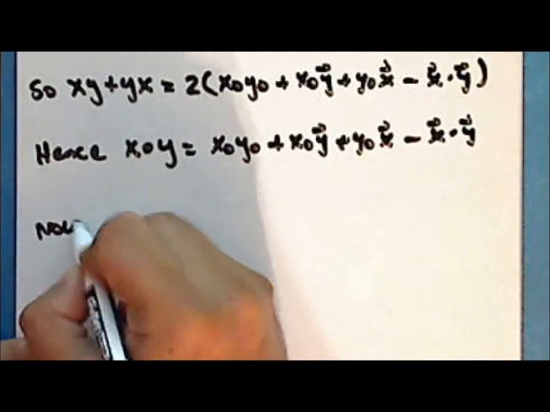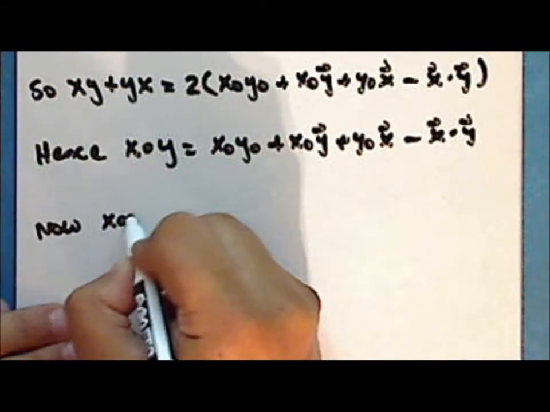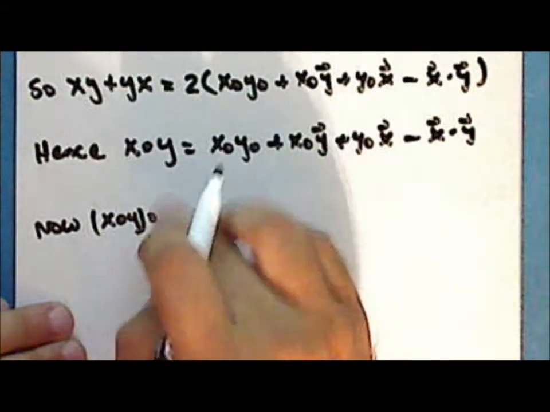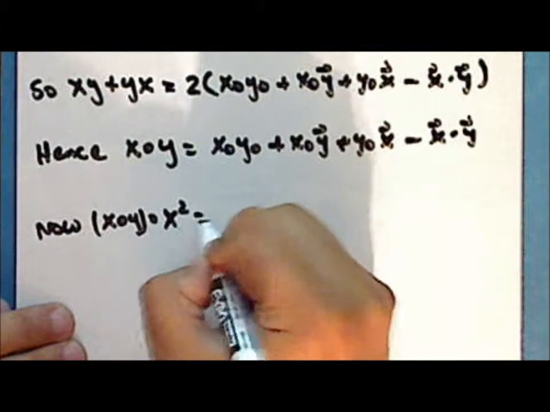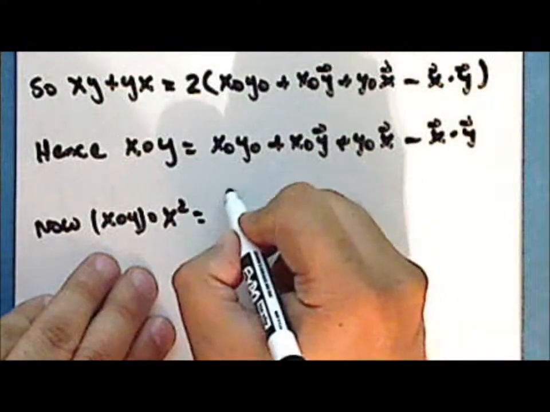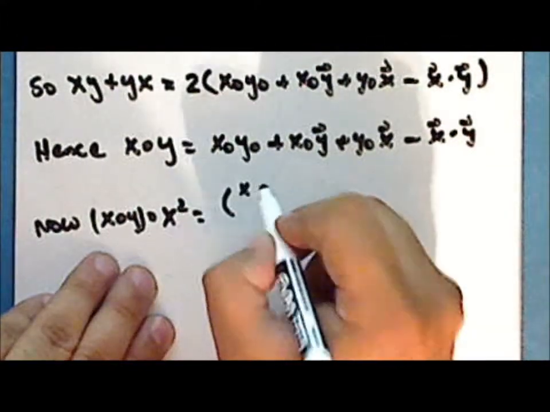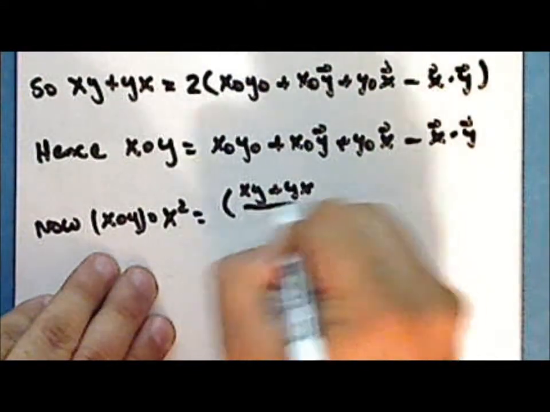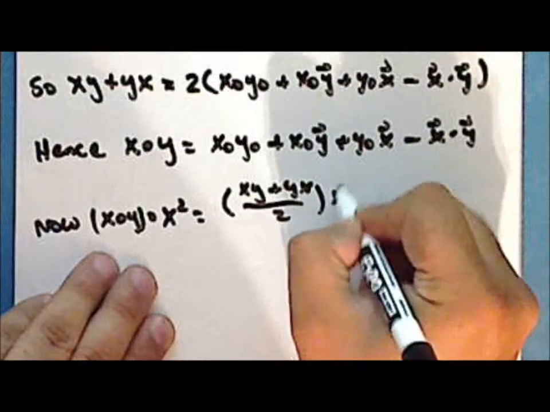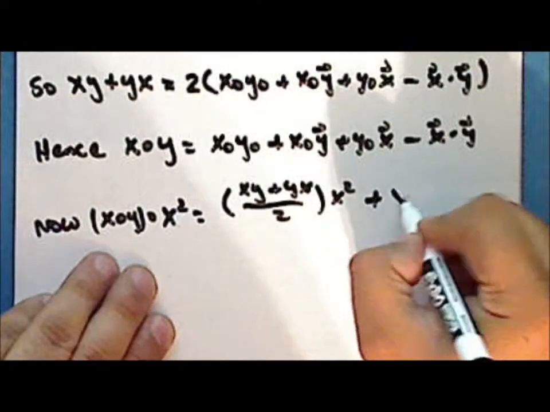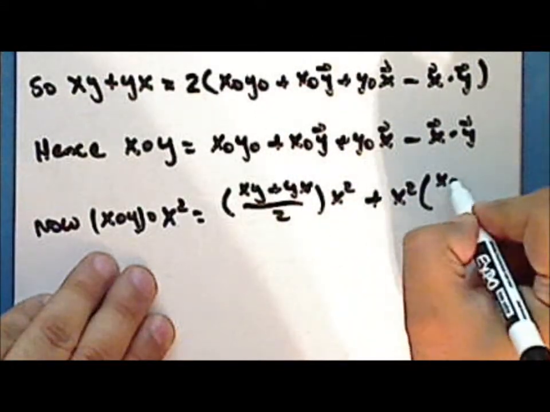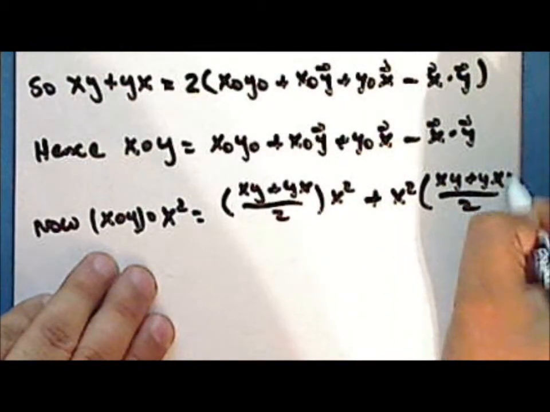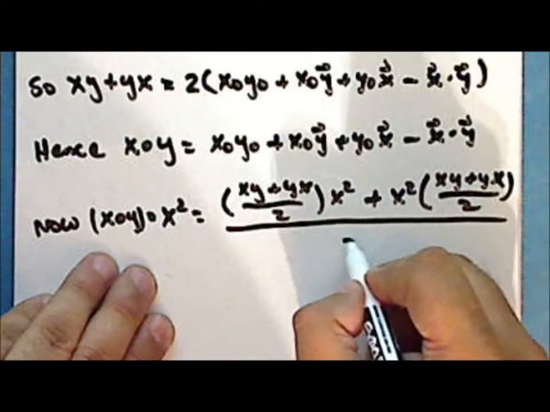Now, the quantity x circle y, circle x squared, is the quantity x times y plus y times x over 2 times x squared plus x squared times the quantity x times y plus y times x over 2, all of which is divided by 2.